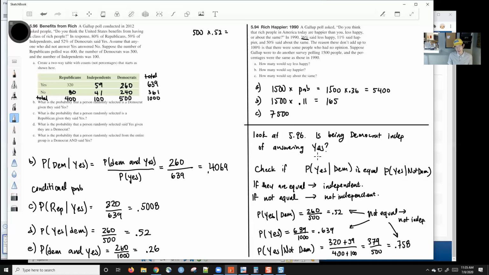And so in some cases, certain one of these things might be easier to calculate than the other. So if these two are not equal, then these two will not be equal, and these two will not be equal. And if these two are equal, then all three would be equal also. So it doesn't matter. You can find any of these three and check if any of them are equal or not equal.